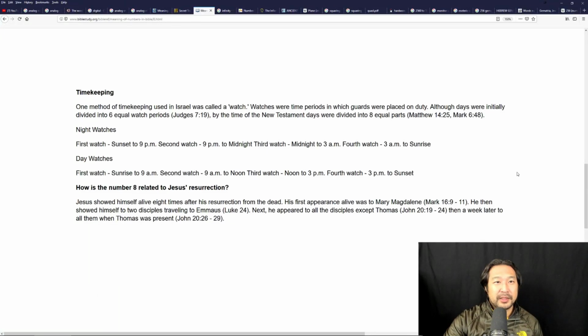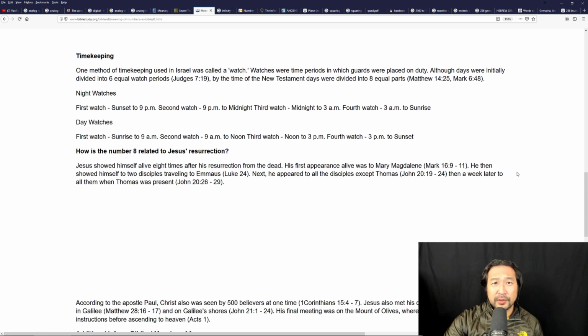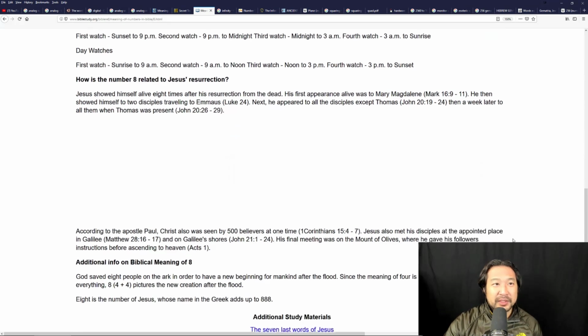So timekeeping. One method of timekeeping used in Israel was called a watch. Watches were time periods in which guards were placed on duty. Although days were initially divided into 6 equal watch periods, by the time of the New Testament, days were divided into 8 equal parts. So night watches, day watches, and so on.